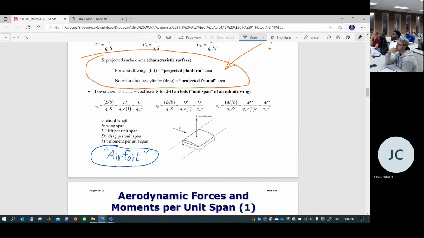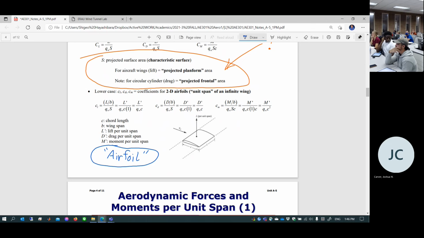So let's redefine once again the concept of airfoil. Let's say you have an infinite span of a wing, hypothetical, with a constant cross section throughout. If you cut out a unit length of that wing, in other words, a unit length of wing span, this is the cross section which is constant across this unit span.